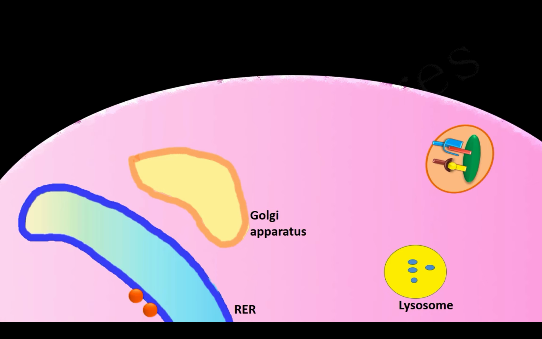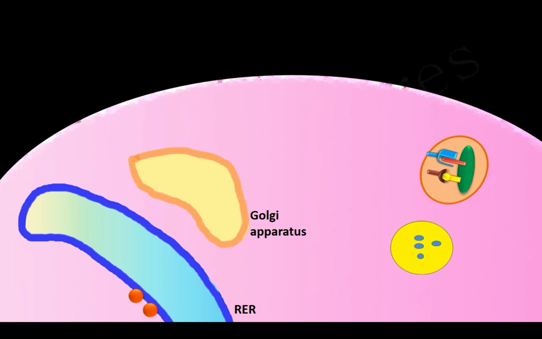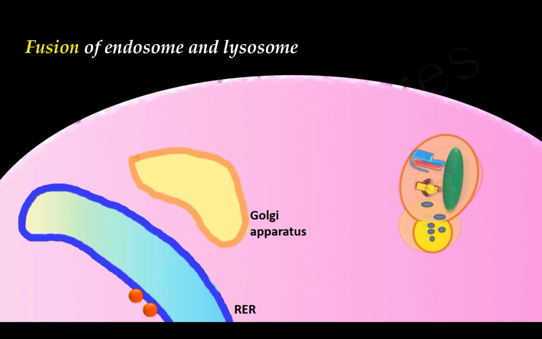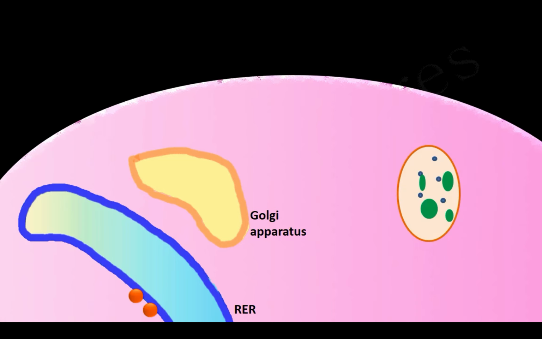In the next step, this endosome fuses with a lysosome to form an endolysosome. In the endolysosome, the internalized pathogens are digested by proteolytic lysosomal enzymes into small peptide fragments.